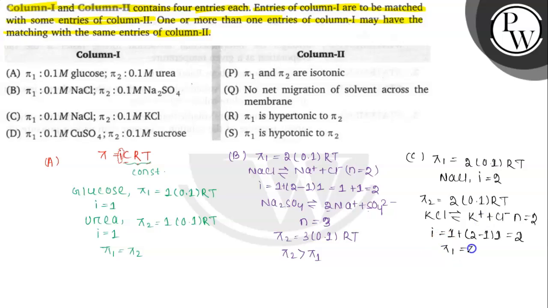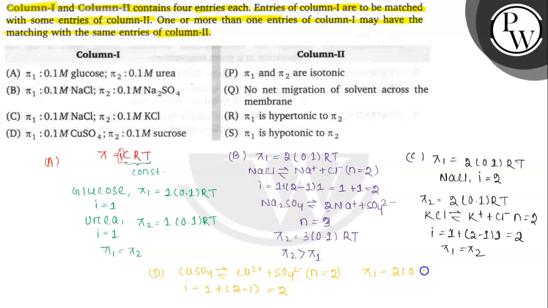Now D. In D, CuSO4 is dissociated to form Cu2 plus and SO4 2 minus. So here the number of dissociated ions is 2. If we find the value of i, it will become 1 plus 2 minus 1, which is equal to 2. So the value of pi is 2 into 0.1 RT.